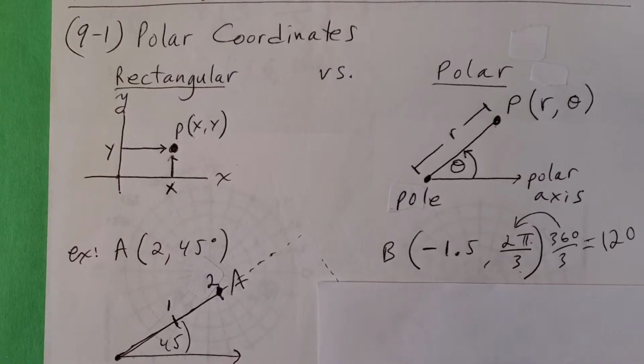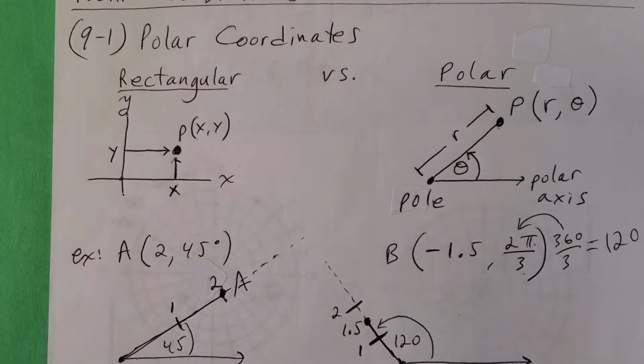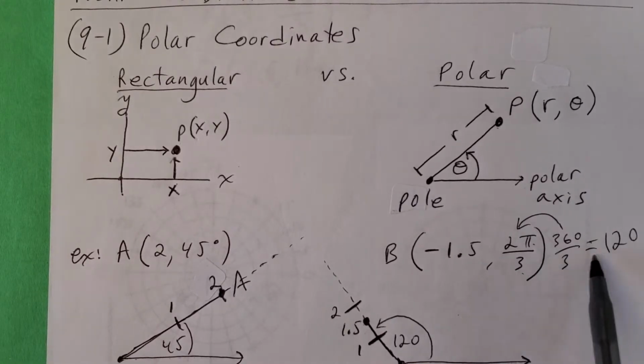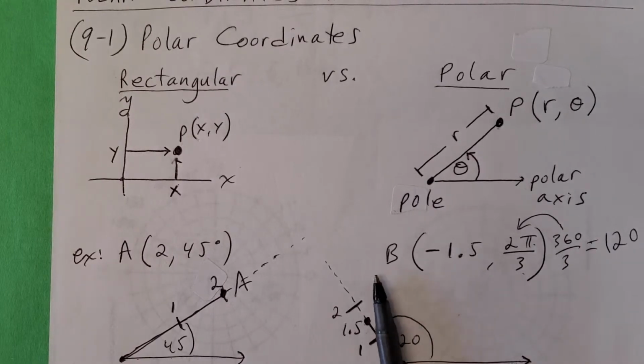Well, let's do positive 1.5 first. Where would positive 1.5 be? Well, it's at 120 degrees, so this is 90, so 120 would be about here. I didn't measure it, but I put 120, so you know this is 120. I put the number here, 120, right? And I go out 1, 2, not 2, just 1.5.